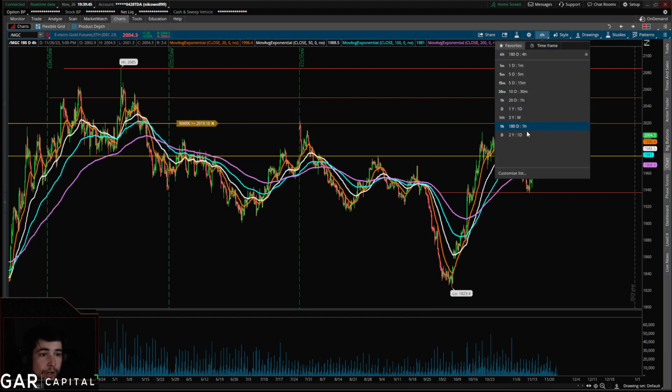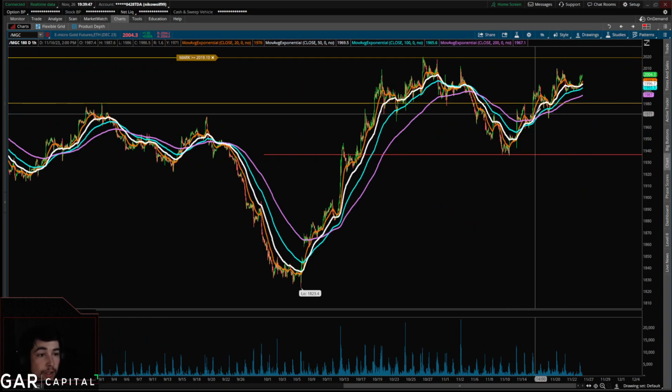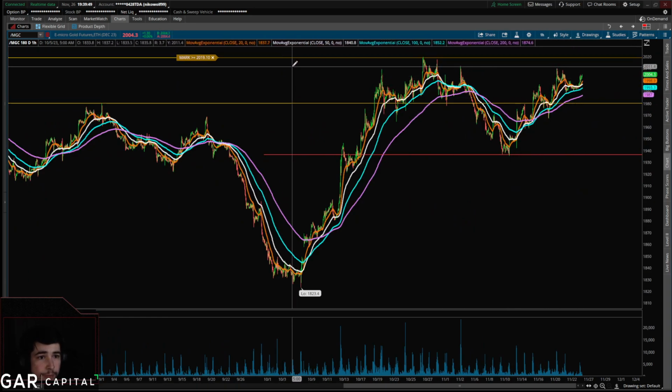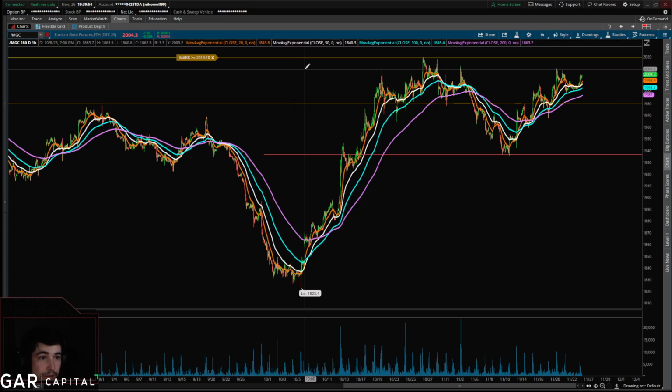Our stop loss, 2019. Let's look at the 1 hour to see where a decent stop loss would be. So we have 2011.70. What's this? 2009.20.